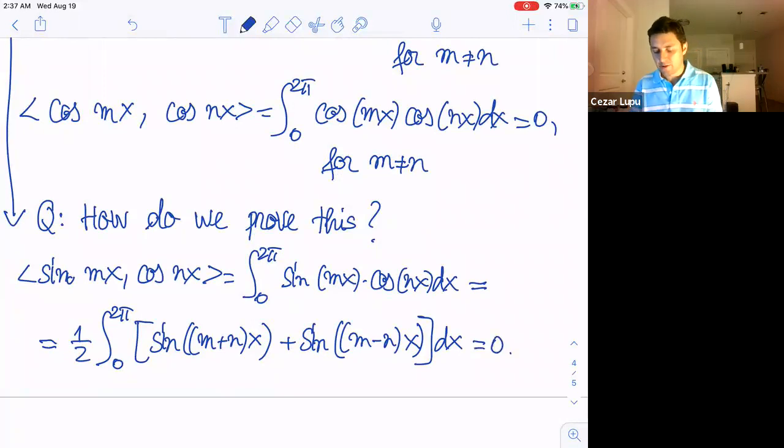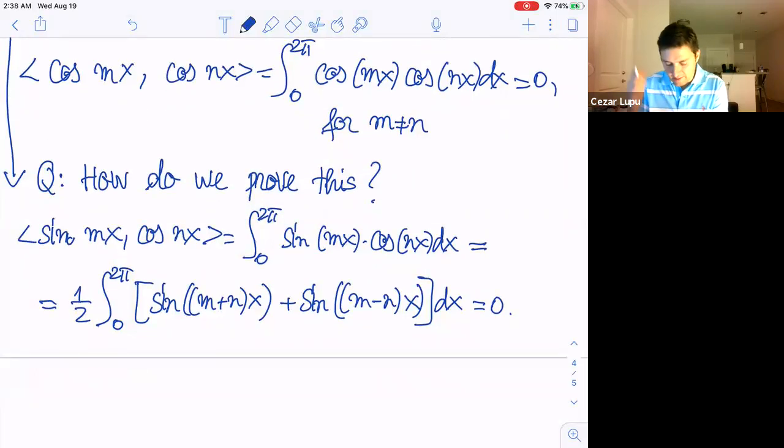Basically, I just used the trigonometric identity that the product between sine and cosine is the sum of these two sines. The only thing you need to know is the trigonometric formulas for sine of a plus b and sine of a minus b. Anyway, I'm not getting into any details.